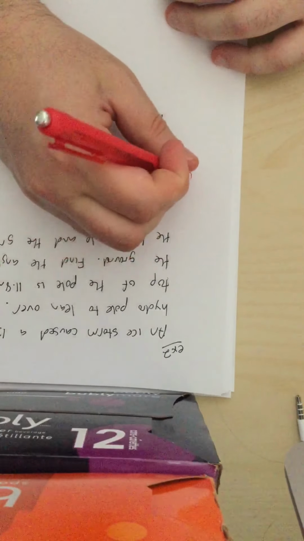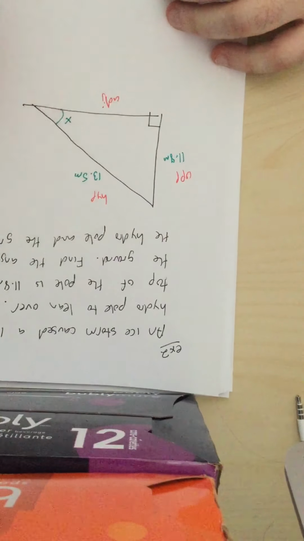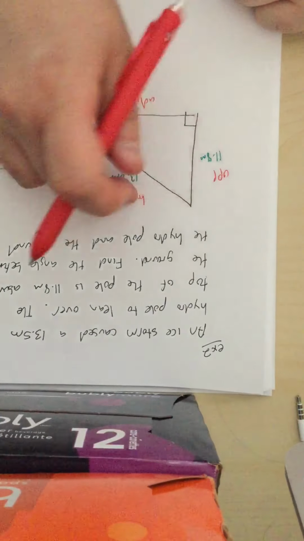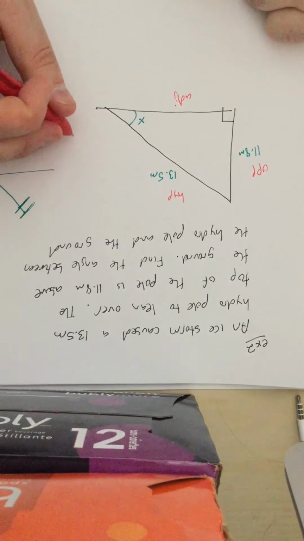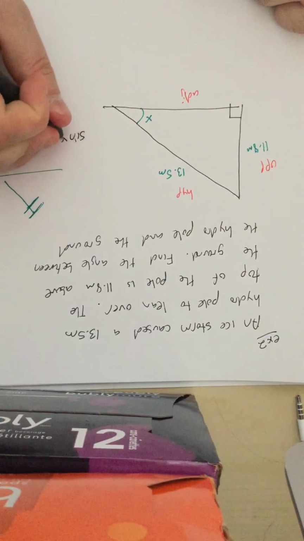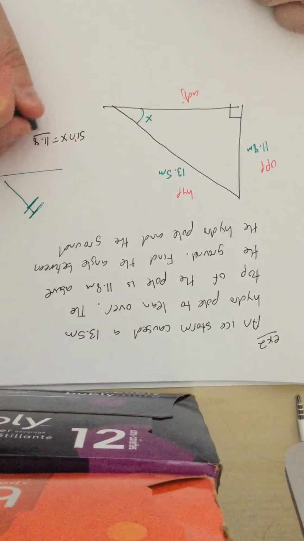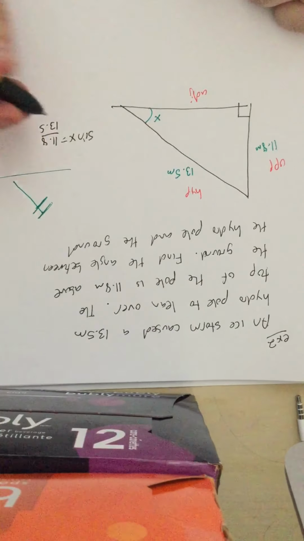So if that's x, then this is going to be opposite, hypotenuse, adjacent. Again, I want opposite and hypotenuse. It's actually sine again. That's a little bit boring, I should have not done that. So it's going to be sine of x equals 11.8 on 13.5. This is one of those find the angle inverse thingies.